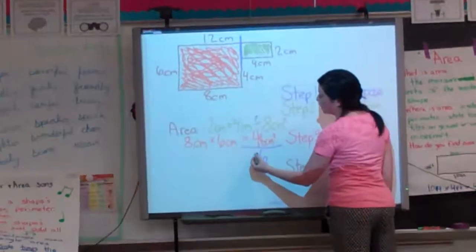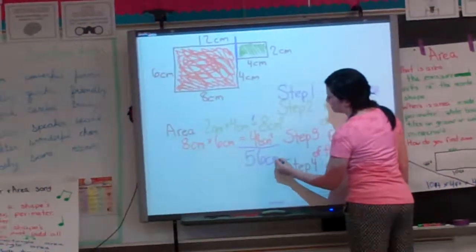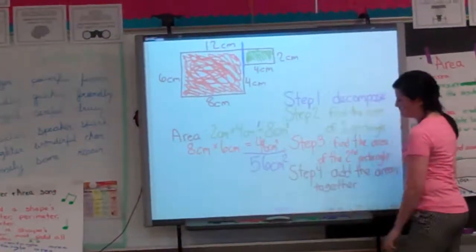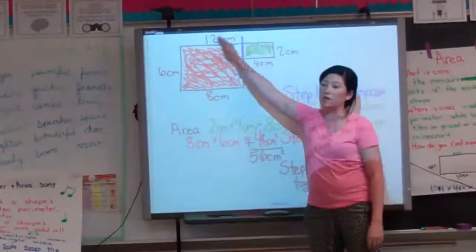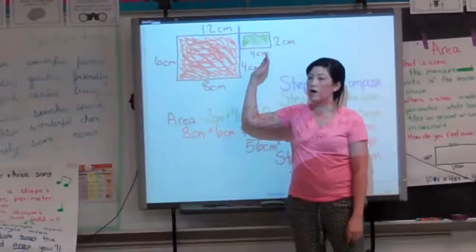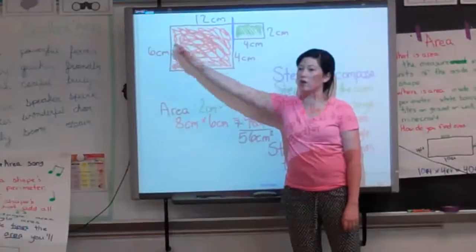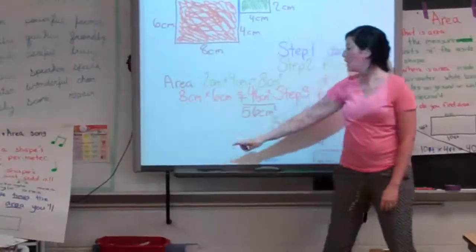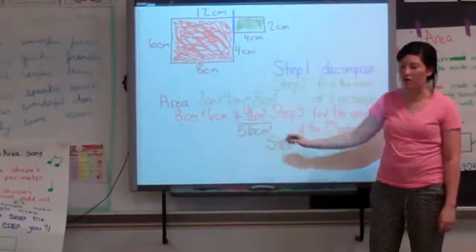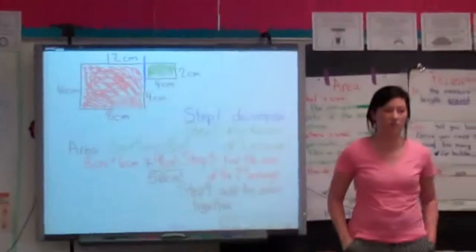What's 1 plus 4? 56 centimeters squared. So now the whole area of this shape right here at the front of the room is 56 centimeters squared. Thumbs up if that sounds reasonable.